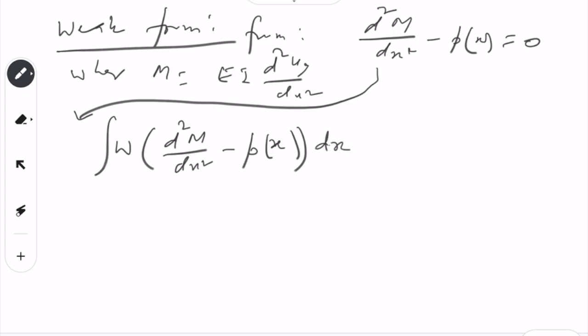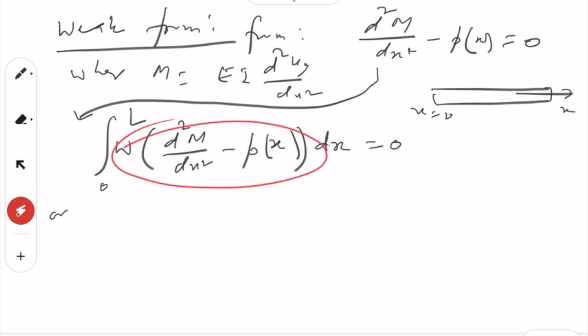It goes from 0 to L because this is a beam like this, with x equal to 0 at one end, and this whole expression equals 0. Now we will do integration by parts, same as earlier.